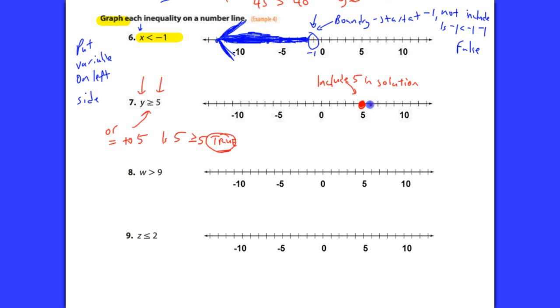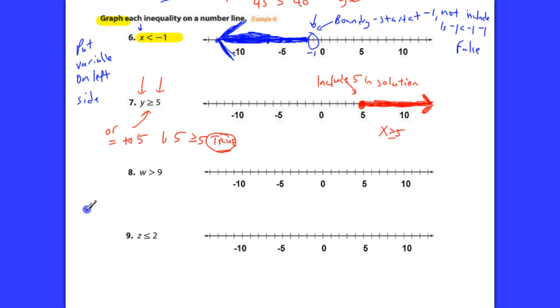Could y be 6? Yeah. 6 is greater than 5. 7? Yeah. How about 8? How about 8.5? Yeah. How about 10? How about 10 and a half? How about all these numbers over here? These are all numbers that represent y is greater than or equal to 5.